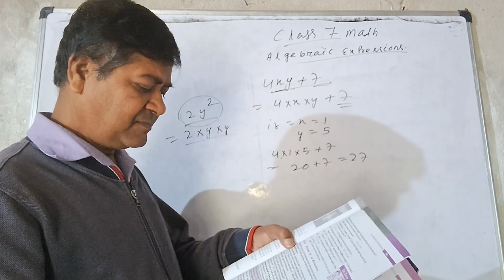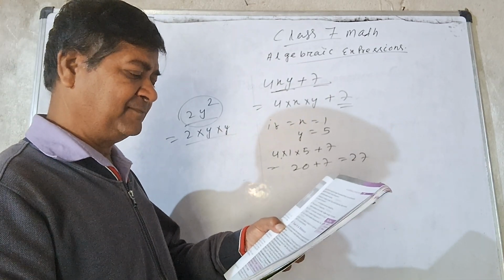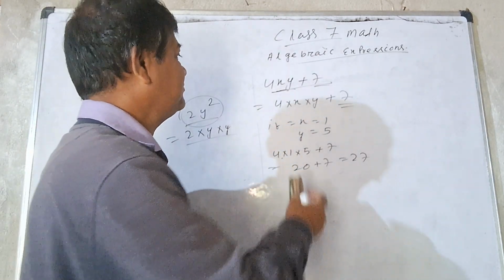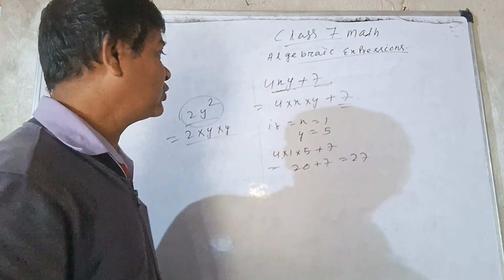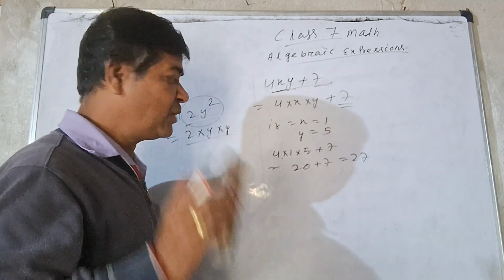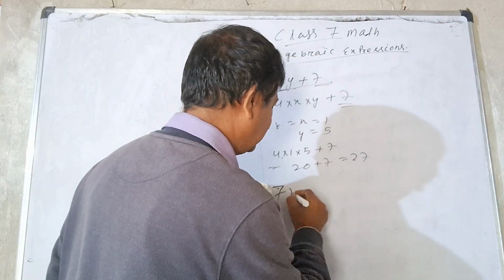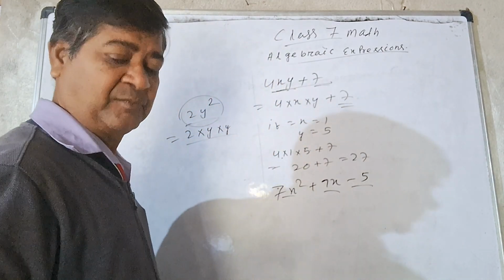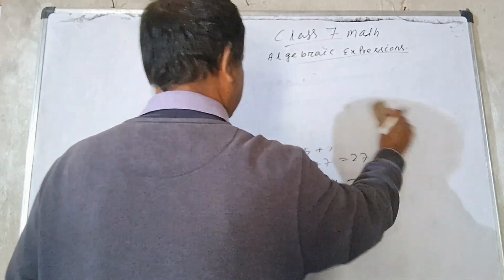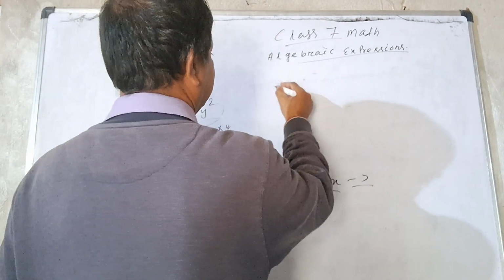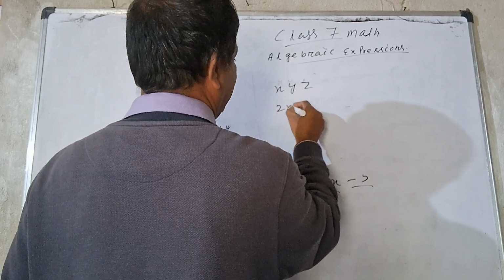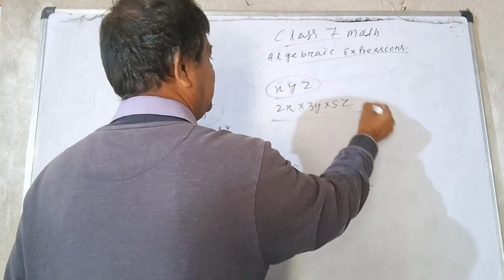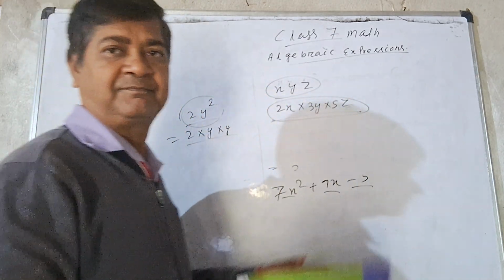Now, factors and terms of an expression. Terms I have already explained to you. 4xy plus 7 has two terms. 2y square has only one term. 7x square plus 9x minus 5 has three terms. But xyz or 2x into 3y into 5z have only one term.